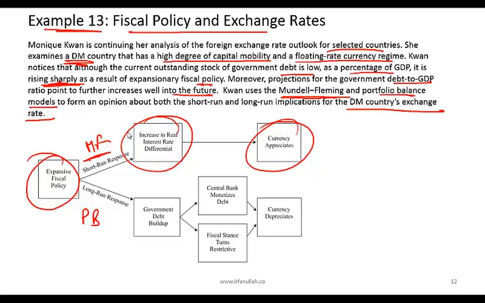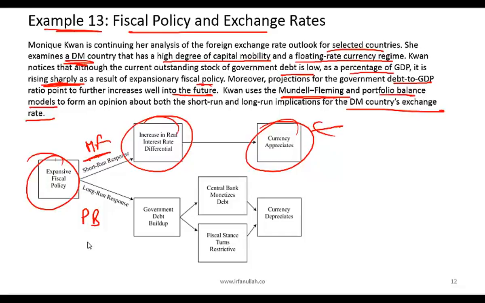The answer is that here we are talking about real interest rates, and in the earlier sections where we talked about the various parity relationships, there we were talking about nominal interest rates. Clearly, in a country where real interest rates are high, money will flow in. When money flows in the short run, the exchange rate will strengthen, right? So this is what the Mundell-Fleming model says in the short run.